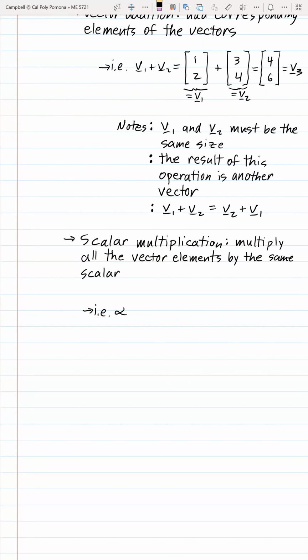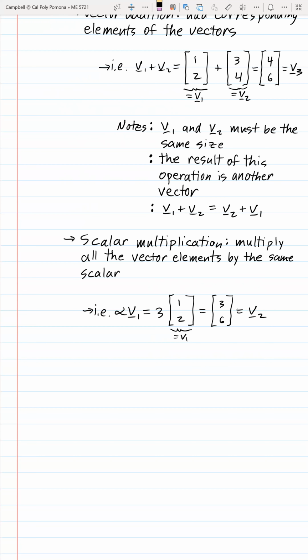So if our scalar is alpha and we multiply v1 by alpha, let's say that alpha is 3 because v1 already took 1 and 2, since I'm going to use the same v1 as before. And so we can see then that we take 3, multiply it by 1 to get 3 as the first entry of our new vector, and 3 times 2 gives us 6 for the second entry. And we'll just go ahead and call that new vector v2.